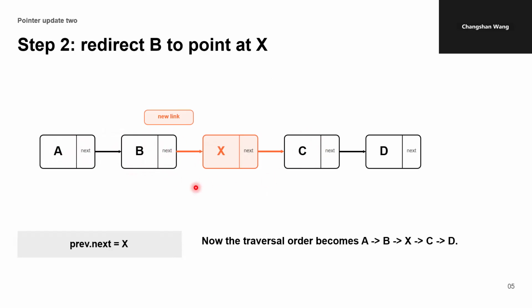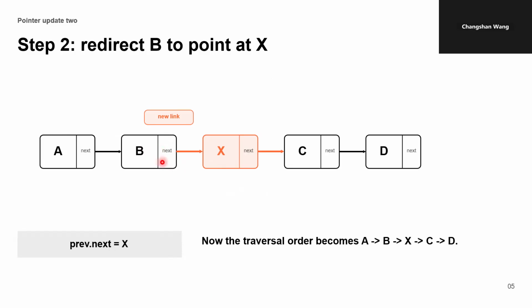When the pointer of B points to X instead of C, it changes the only reference in this relationship. The box can only store one thing, the address of the next node.